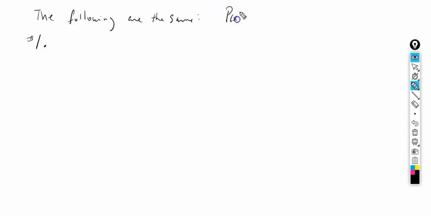Okay, so remember, all of the following mean the same thing. Suppose we have some polynomial p of x, a polynomial function, and c is a number.